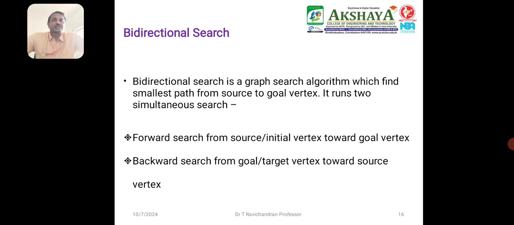The forward search goes from the source vertex towards the goal vertex, and the backward search goes from the goal vertex towards the source vertex. These make up bidirectional search.